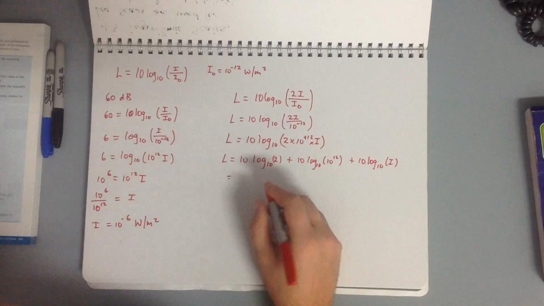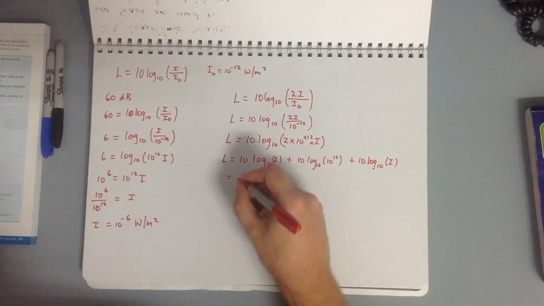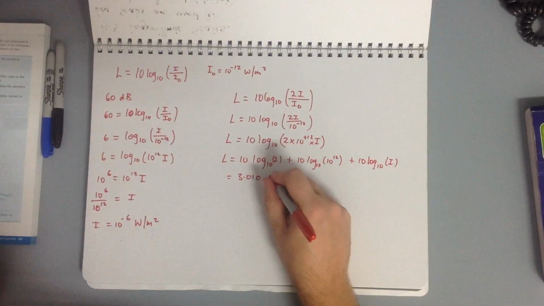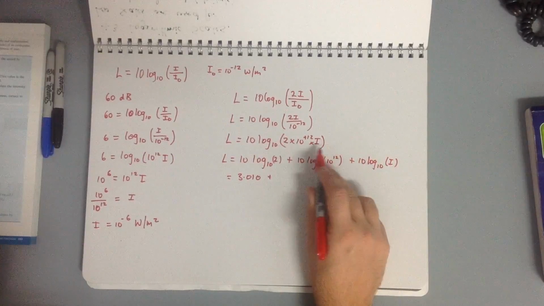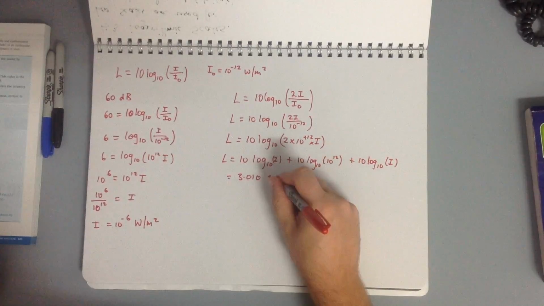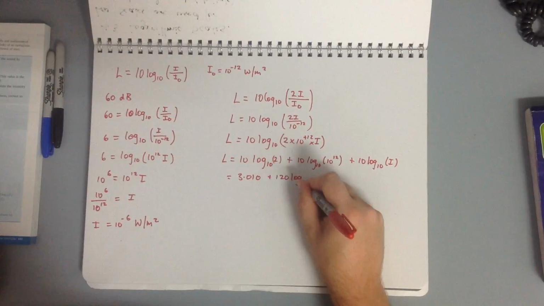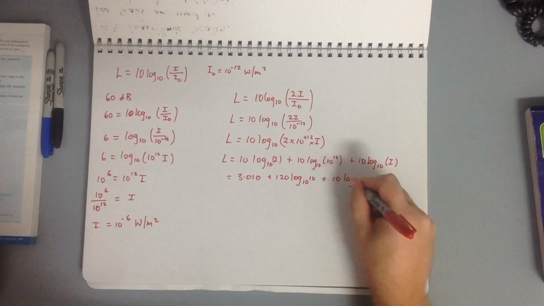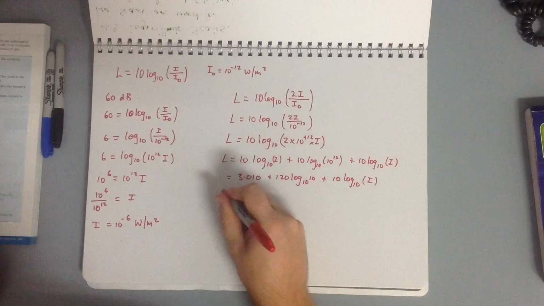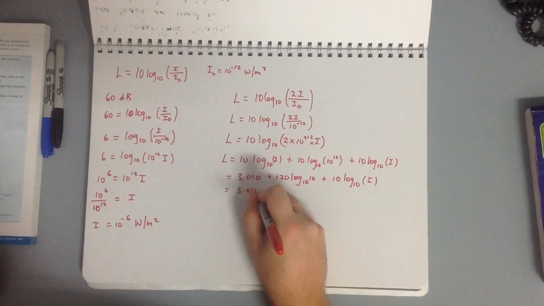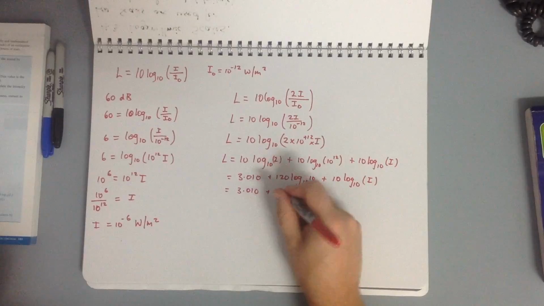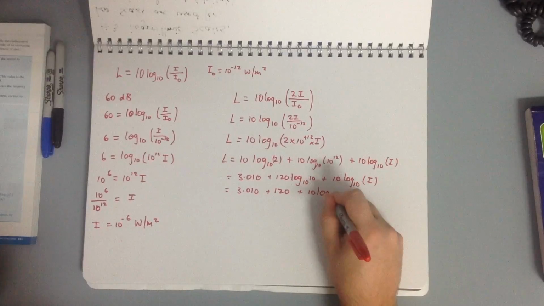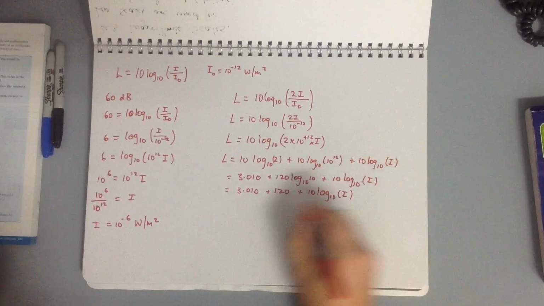And we do that because we find 10 log to the base 10 of 2 is 3.010. We work it out on our calculator. Plus, well, we can bring our 12 down the front to make that 120 log to the base 10 of 10, plus our 10 log to the base 10 of I. So you can say, well, that's our 3.010, plus log to the base 10 of 10 is 1, so that's our 120, plus our 10 log to the base 10 of I.